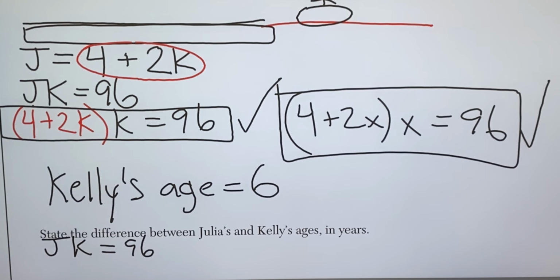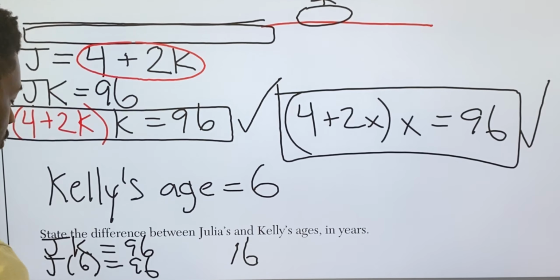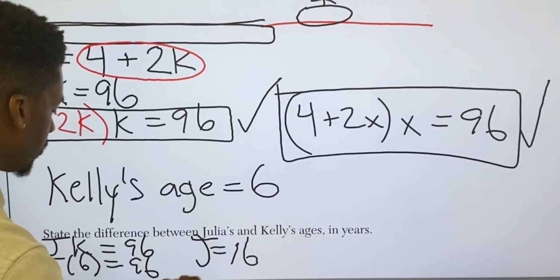What's Kelly's age? 6. So J times 6 equals 96. This is multiplication over here? It is. So how are we going to get the answer? What's 96 divided by 6? So we're going to get J equals 16.